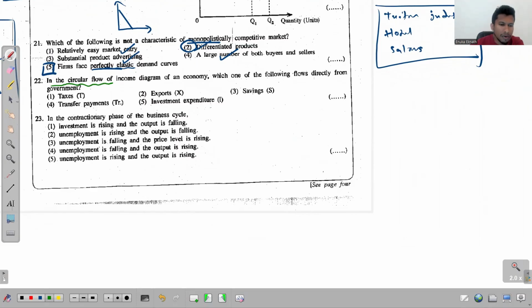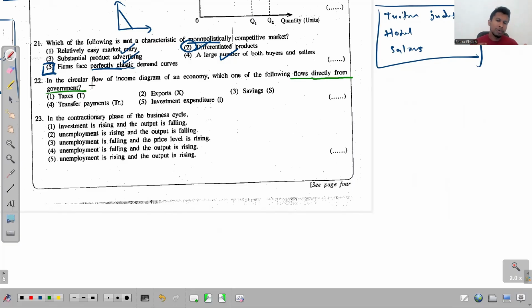In the circular flow of income diagram, which one of the following flows directly from the government? It flows from the government, maybe to the households, maybe to the business firms.